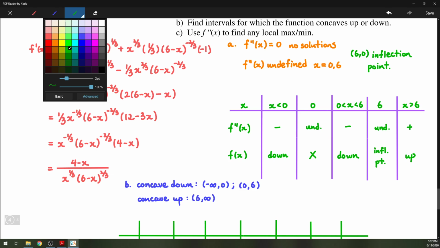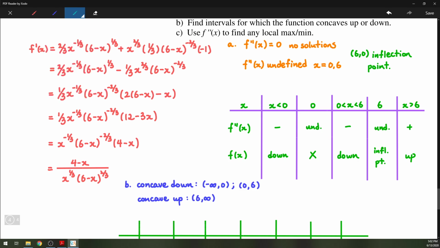So to prepare for that, we first have to examine where the first derivative is equal to 0 or where it is undefined. So the first derivative is equal to 0 at x equals 4. And the first derivative is undefined at both 0 and 6.